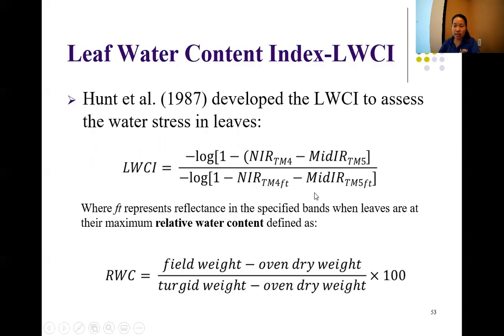The equation over here, the unknown parameters are basically band 4 and band 5. This is the value in each band, basically NIR TM4, which means the method works with Landsat TM, the near infrared band in band 4, and also the mid-infrared band in band 5.